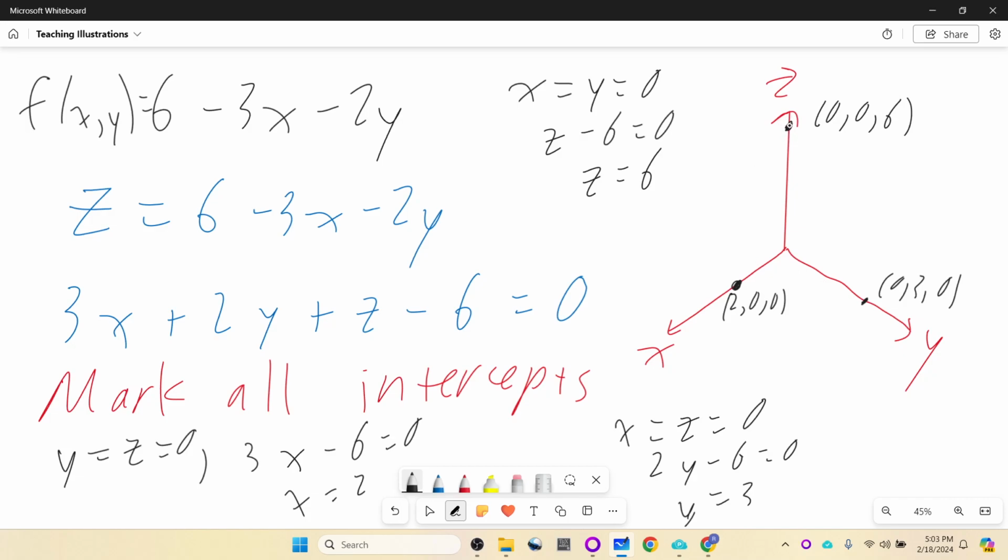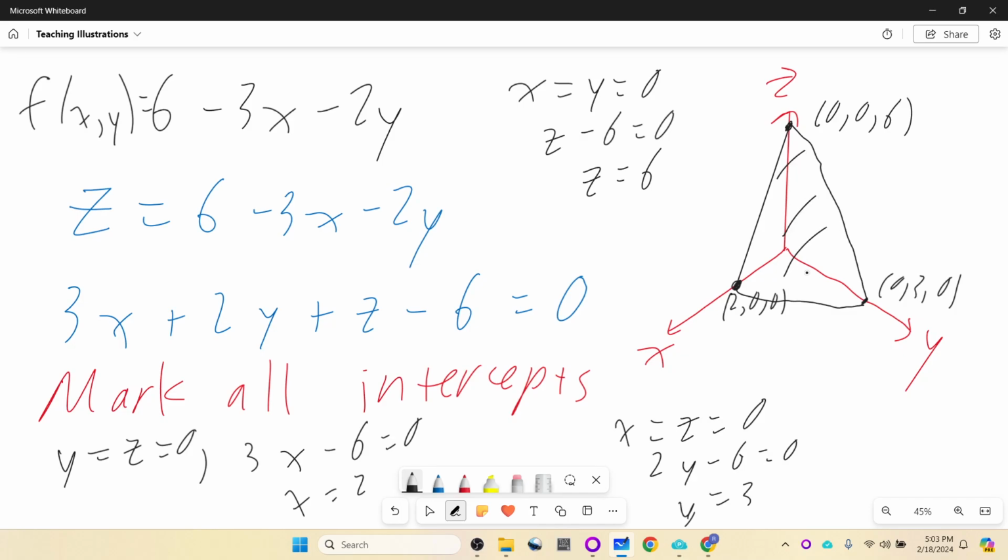So let's just connect the dots. Connect these dots here, and, well, we get a plane.